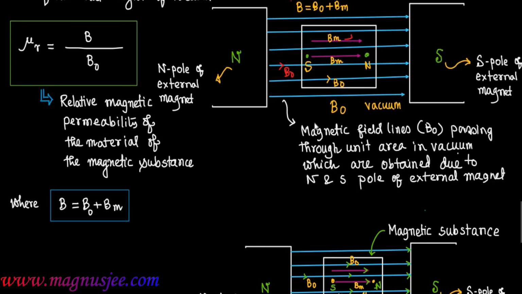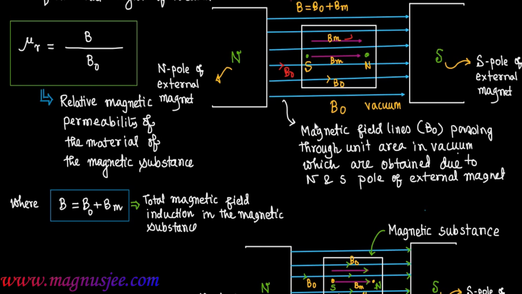B equals B0 plus Bm, which is the total magnetic field induction acting inside the magnetic substance. B is equal to B0 plus Bm, where B0 is the magnetic field induction acting in vacuum before introduction of the magnetic substance in that region.